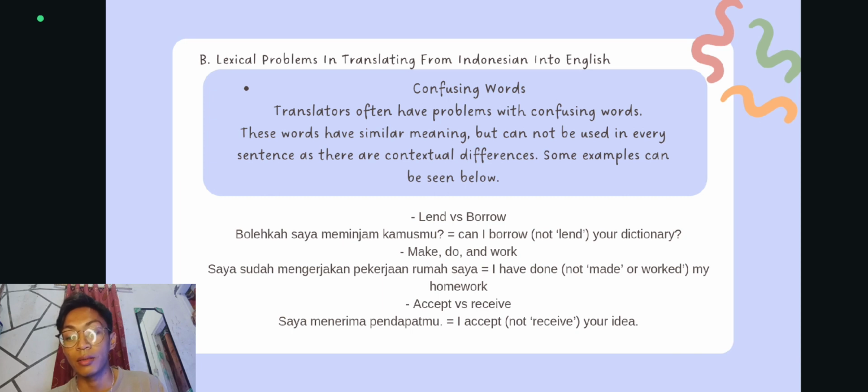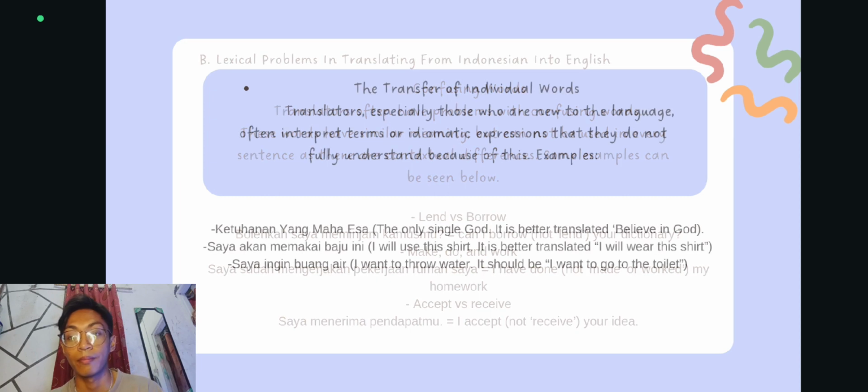In bahasa we say, "saya menerima pendapatmu", and in English we say, "I accept your idea." Actually the words accept and receive have similar meanings, but in this context we can't use the word receive, so we use the word accept.